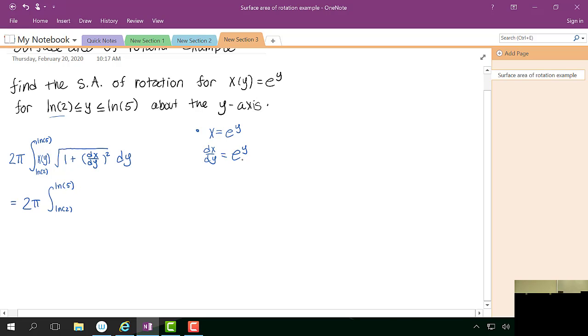So in our problem, the x on the outside, since I need to rewrite it in terms of y because that's what our integral is in terms of, is just e to the y, because that's what x is equal to. So the outside becomes e to the y, times the square root of 1 plus the derivative, which we said was e to the y, squared.